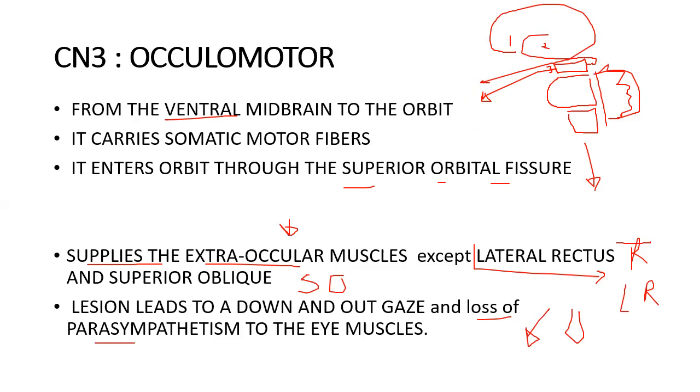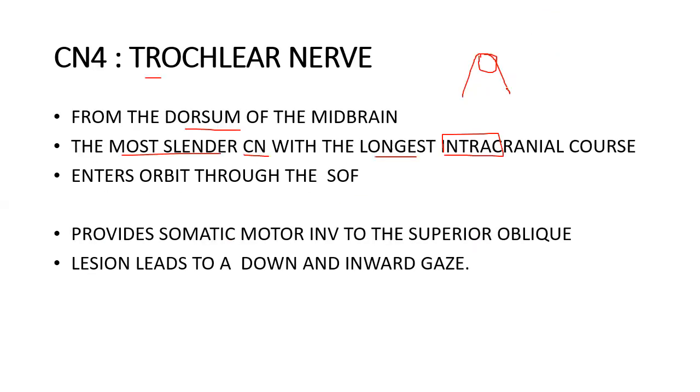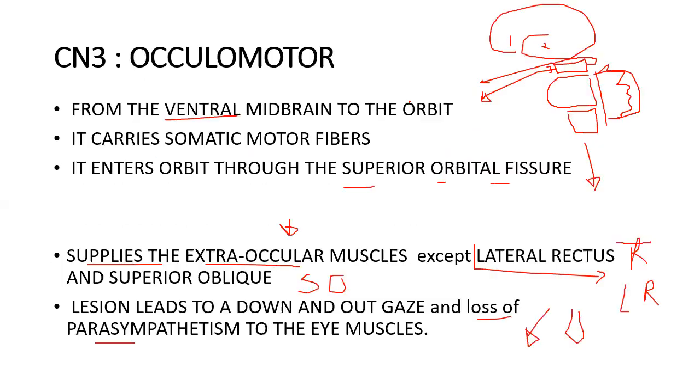Why? Because it's coming from the back and has to go forward, so it's winding around the midbrain. And it's the only nerve that exits from the dorsum of our brain stem. All the other cranial nerves are coming from the front.